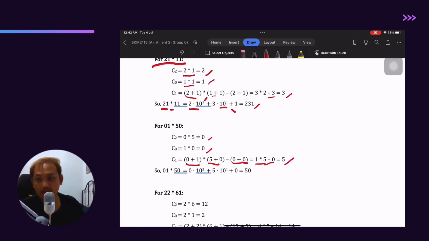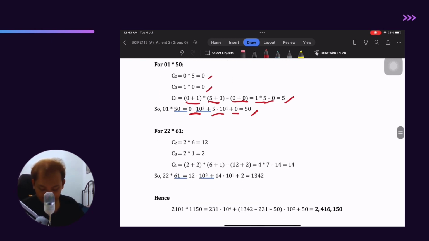So we can conclude that 01 times 50 is 0 times 10 exponent 2, plus 5 times 10 exponent 1, plus 0, and we get 50.